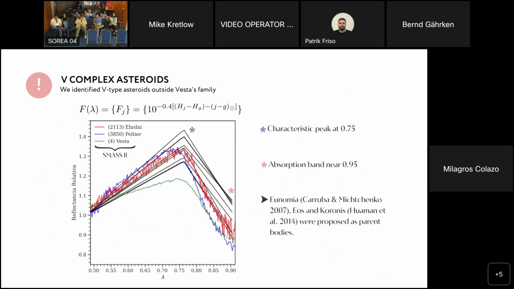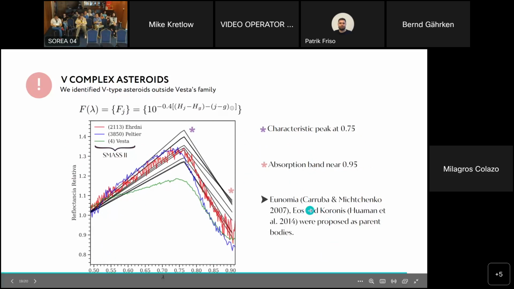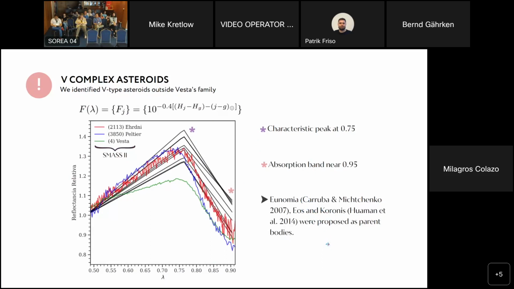We also identify B-type asteroids outside the Vesta family, which is already known. For example, Eunomia, Eos, and Coronis were proposed as parent bodies of these B-type asteroids outside the Vesta family.